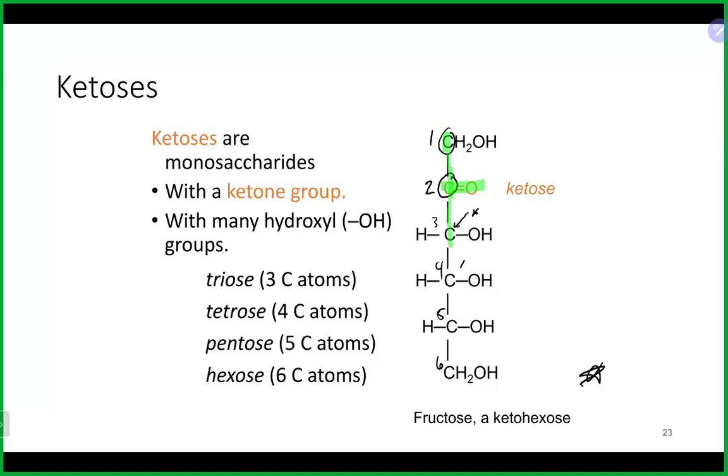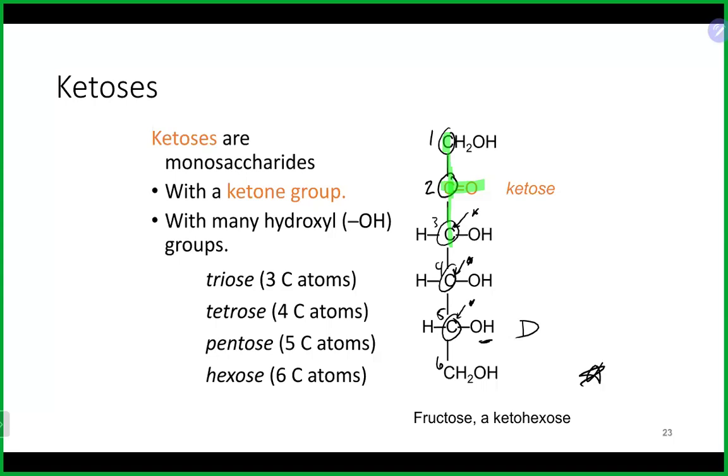This one down here also would be chiral, and this one right here would be chiral as well. So carbon 3, carbon 4, and carbon 5 are the chiral carbons in this case. That would also make this a D, as the OH group on our very last chirocarbon is on the right-hand side. Any questions on that one?